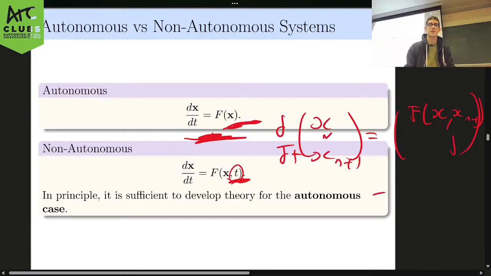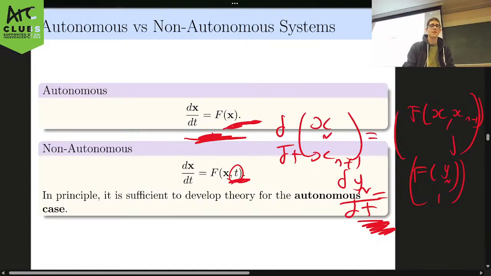So it's the same thing if we define a vector y now and have this as 1. That's our new differential equation dy by dt, and now it's independent of t if we replace t with one variable and talk about it in a different way now, okay?